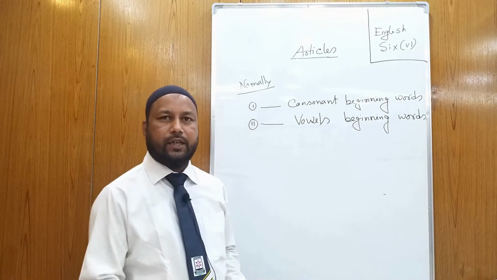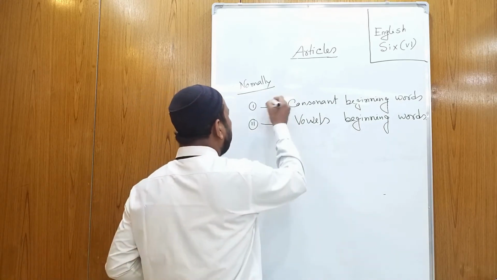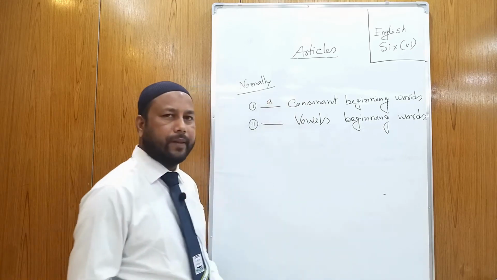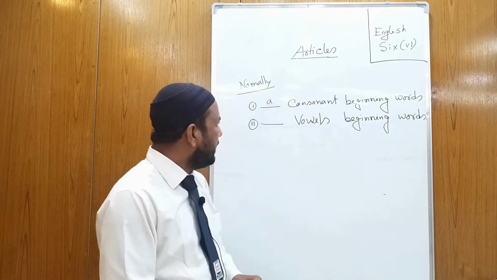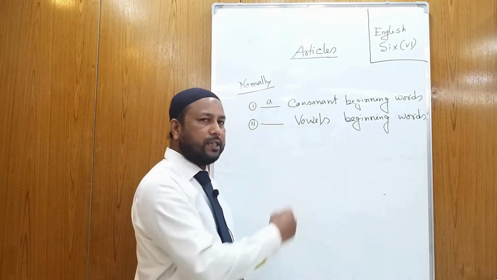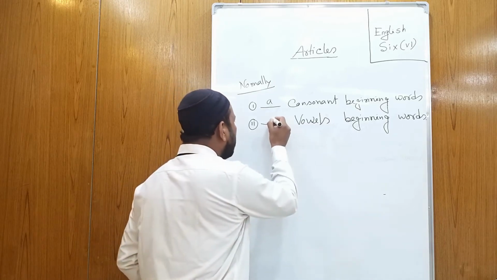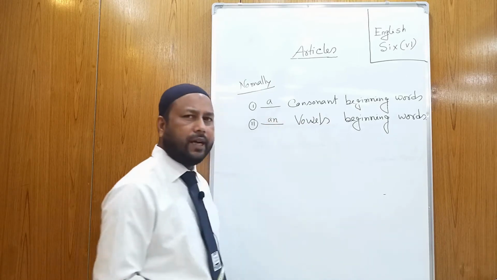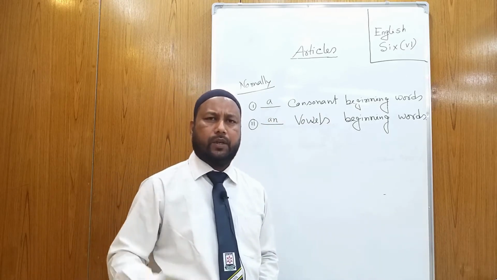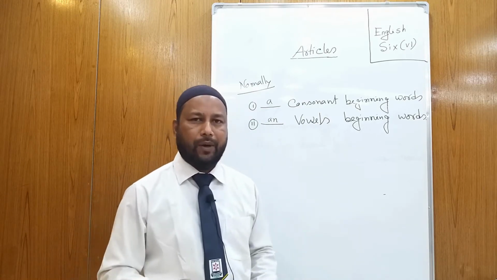The words which start with a consonant, you have to use a before them. Similarly, vowel beginning words. I mean, the words which start with a vowel, we will use an. I think you know what vowels are.